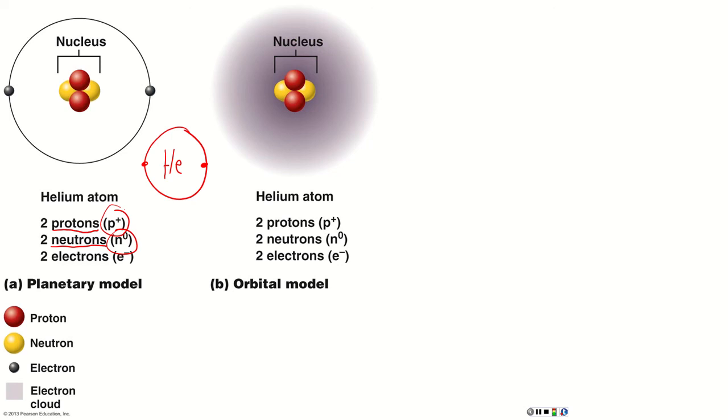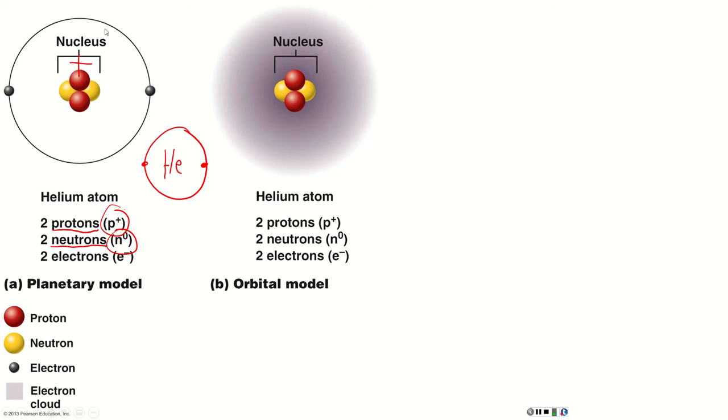What is positive plus nothing? Remember, protons have positive, neutrons have no charge. Positive plus nothing is positive. So a nucleus of an atom has a positive charge, always.